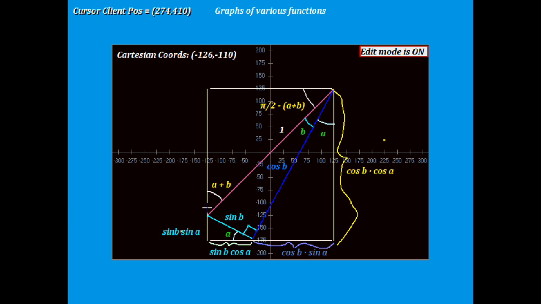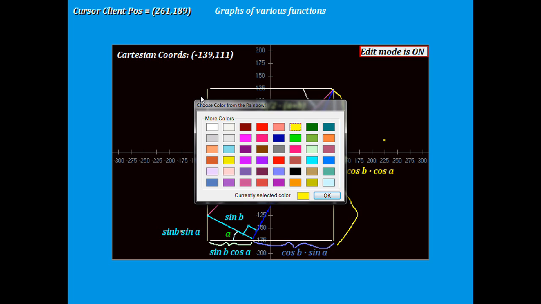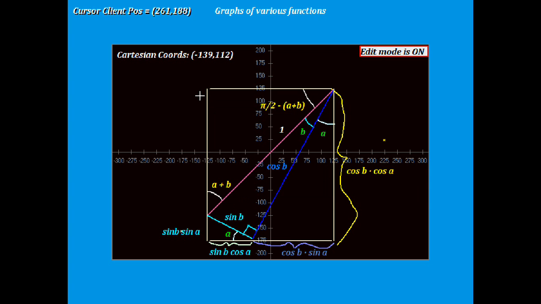Now since this length is 1, and this angle is a plus b, then this whole distance here is the sine of a plus b. I'm going to draw a thing.